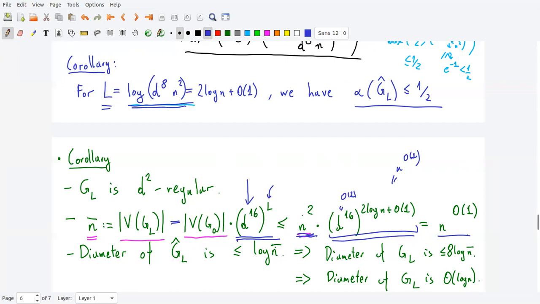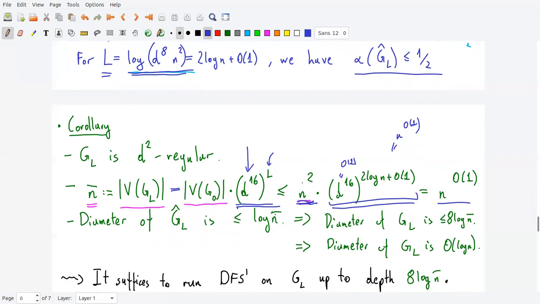So even though we zigzagged log n times, each time enlarging the graph by some constant factor, in the end we got a graph whose size is still polynomial in the size of the original graph. Good. And this was important because now, if I'm thinking about an identifier of a vertex of this final graph GL, this identifier takes up order of log n bits, because the size of the final graph is polynomial in n.